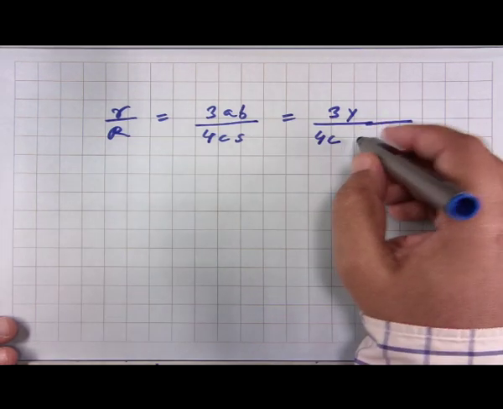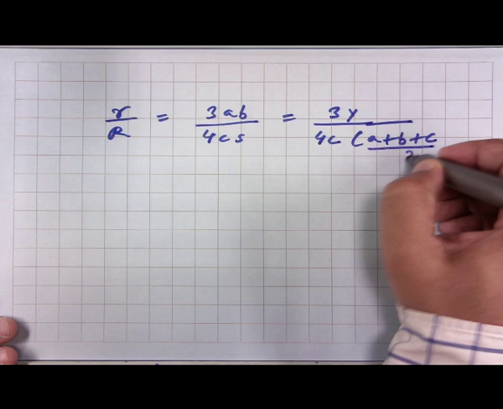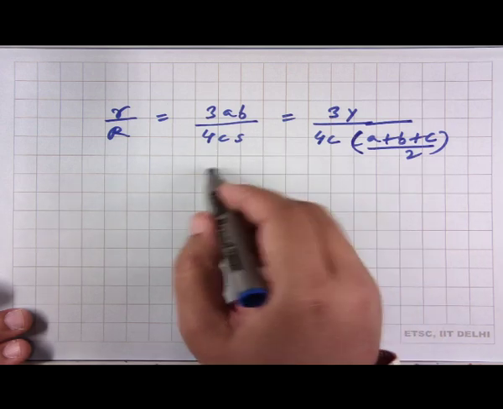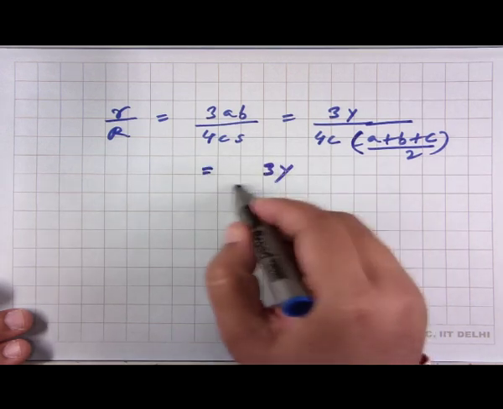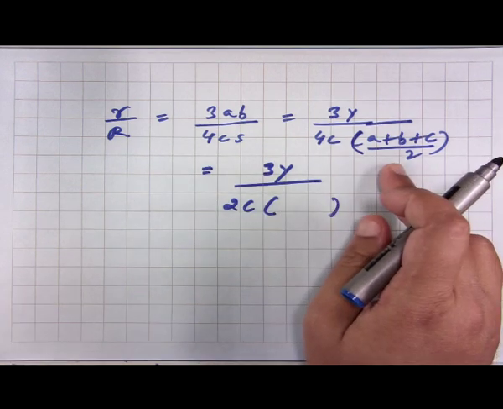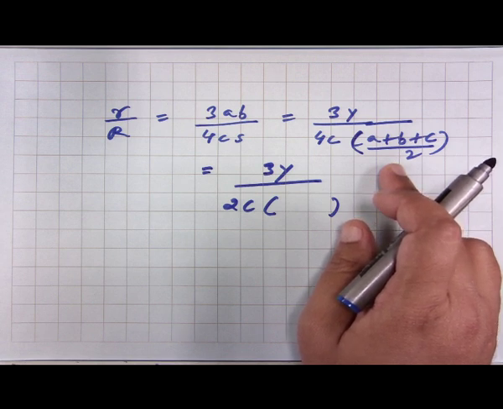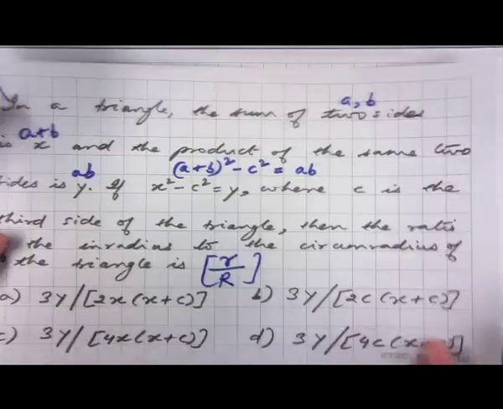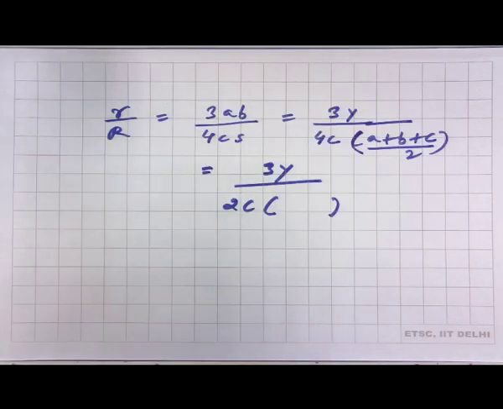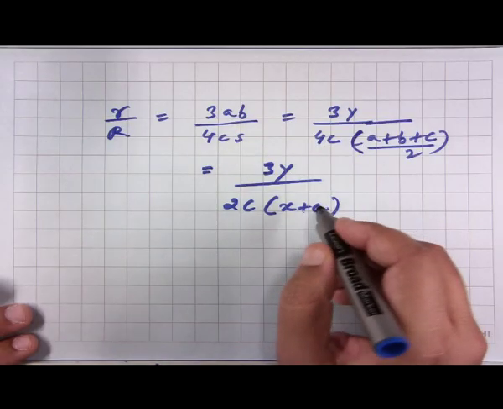Now S is nothing but A plus B plus C over 2, because it is the semi perimeter, and therefore this is also equal to 3y upon 2c into A plus B plus C. But from the statement of the question itself, we know that A plus B is x, and therefore this is x plus c.